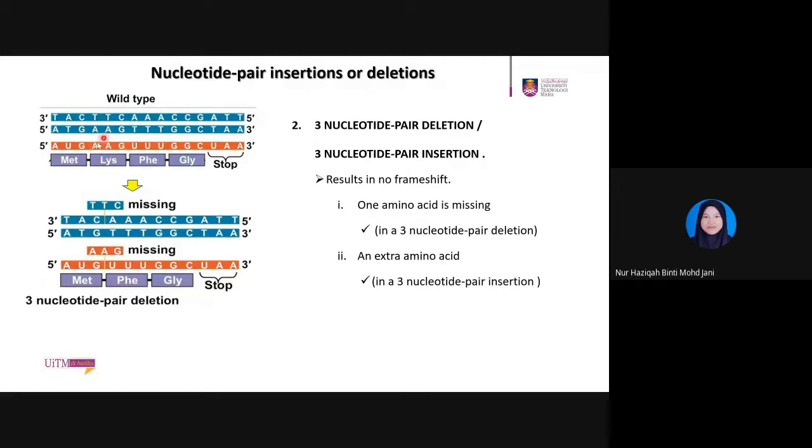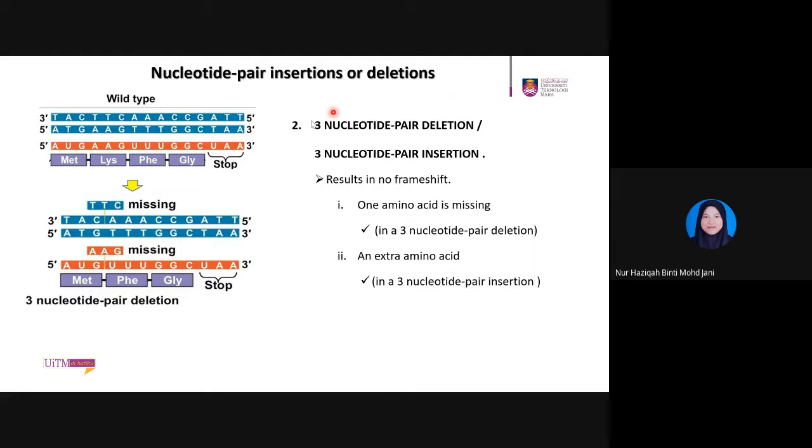Okay, so instead of ada lysine antara methionine and phenylalanine, you delete AAG, so means that there is a missing lysine in between. So kesan dia tak seteruk macam frame shift tadi lah. Walaupun tadi you delete only one nucleotide pair, or you insert one nucleotide pair, it causes frame shift mutation.